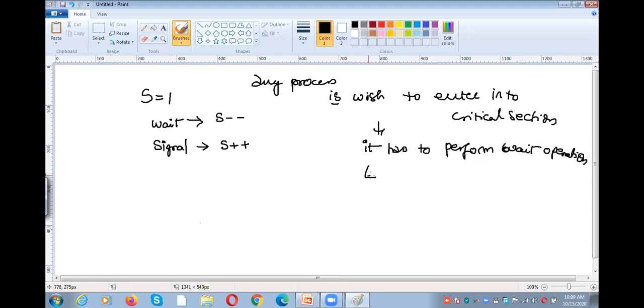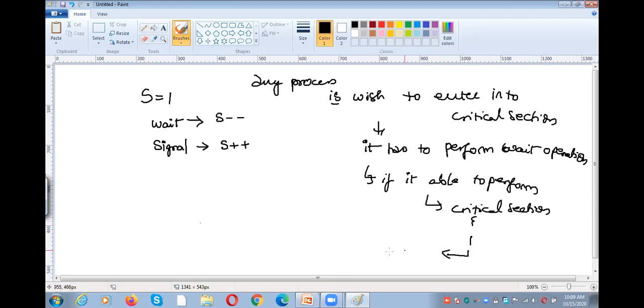Okay, if it is able to perform it, then it is allowed to enter into the critical section. After using the critical section, what does the process have to do? The process has to perform the signal operation. So that is the thing.